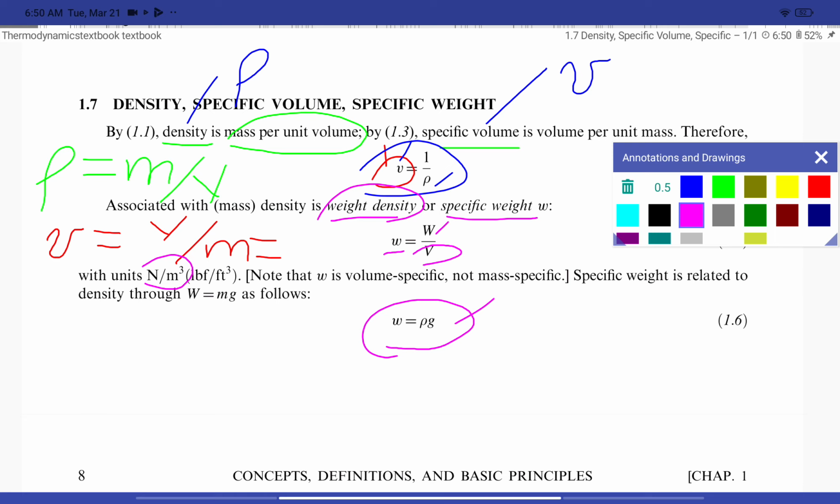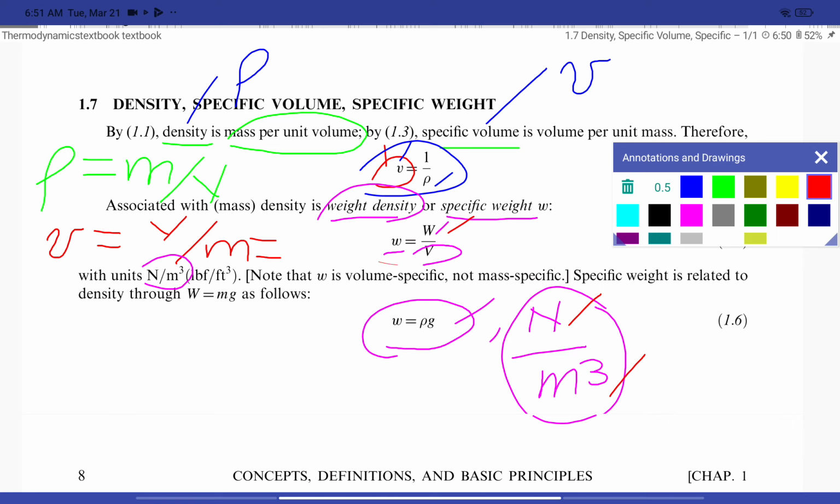Okay, the unit here is in Newton per cubic meter. So the basic formula is weight, in Newton, over volume, in cubic meter.